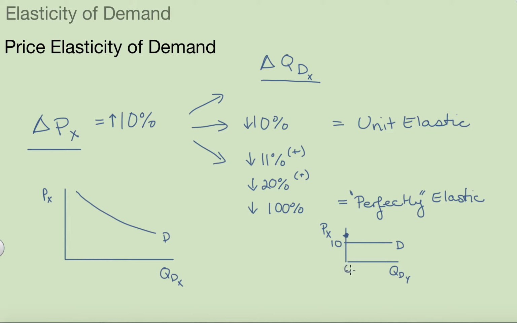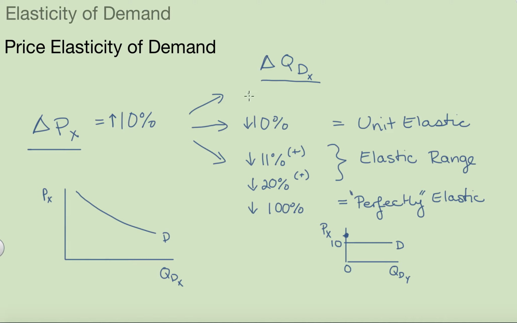Okay, so the quantity demanded right here would be zero. Okay, so that's perfectly elastic. These other ones where it's greater than 10%, this is what we call the elastic range. Okay, so consumers are very sensitive in this elastic range.